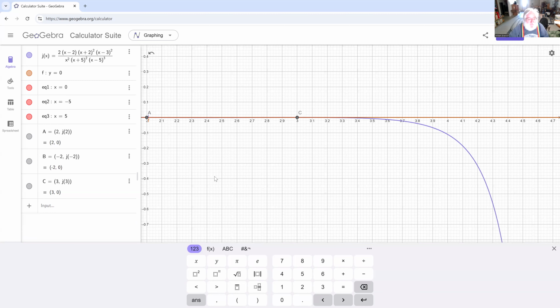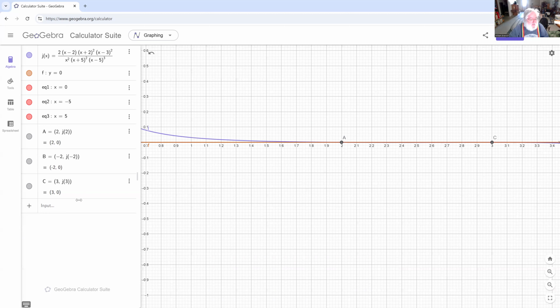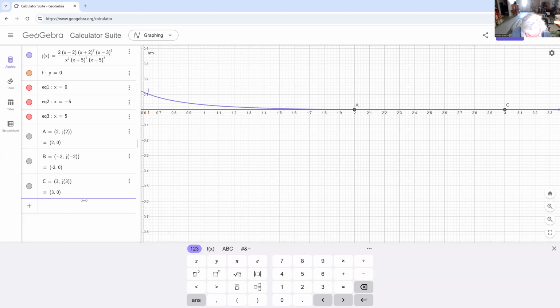But we calculated f of 1. Oh, I know why it's giving me that. It's j. I want j of 1, not f of 1. There's no f anymore. J of 1. There we go. There's that point.